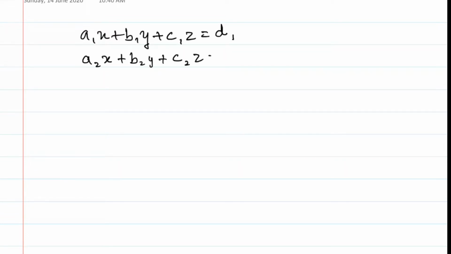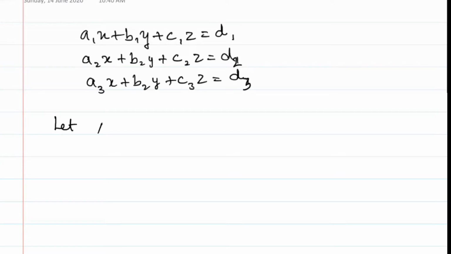Let us consider the system of equations a1x plus b1y plus c1z equal to d1, a2x plus b2y plus c2z equal to d2, a3x plus b3y plus c3z equal to d3.